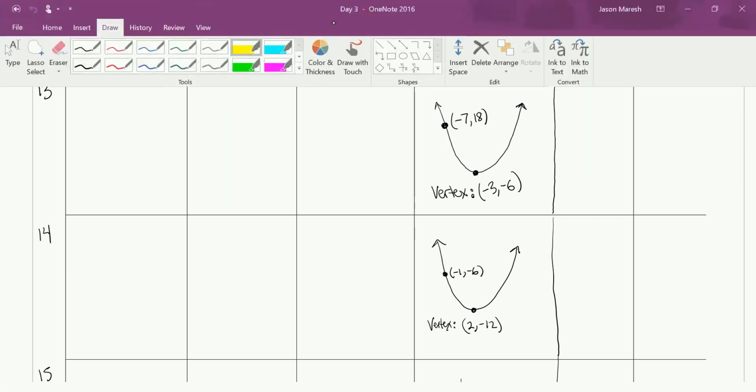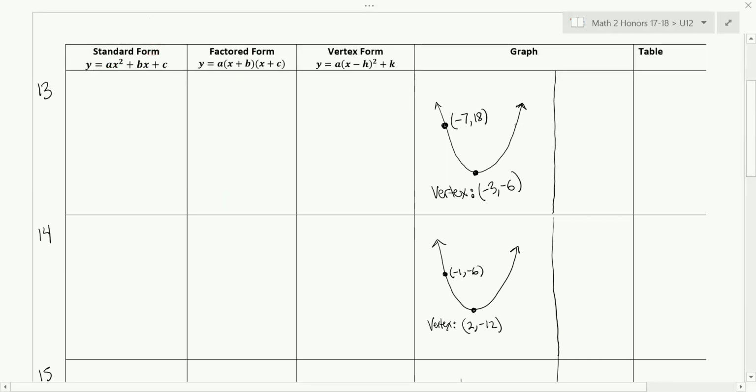Might as well. All right. So we know this is cut down the middle. So we can get the axis of symmetry pretty easily, right? What's the axis of symmetry going to be? So x equals -3.